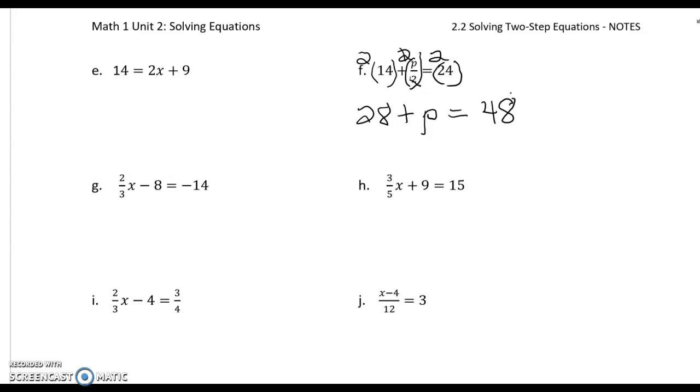I don't have anything to distribute. I don't have any like terms on each side of the equal signs to simplify. So now I'm going to go ahead and undo operations. This 28 is being added to P, so I'm going to undo that addition by subtracting 28. So I'm left with P equals 20.